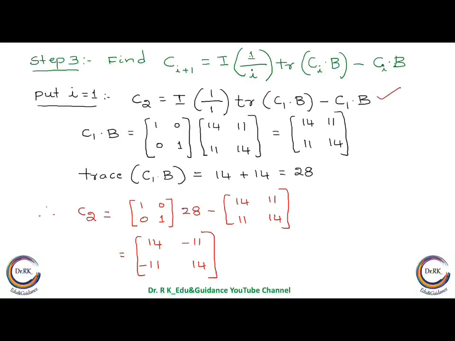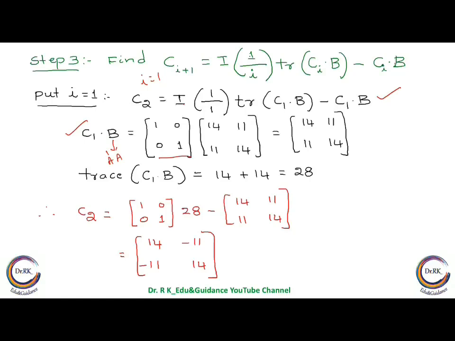So here i equal to 1, so C2 is 1 by 1 into trace of C1 B, minus C1 B. C1 we already have, and B we already calculated, which is A transpose into A. C1 is the identity matrix 1, 0, 0, 1, into B.